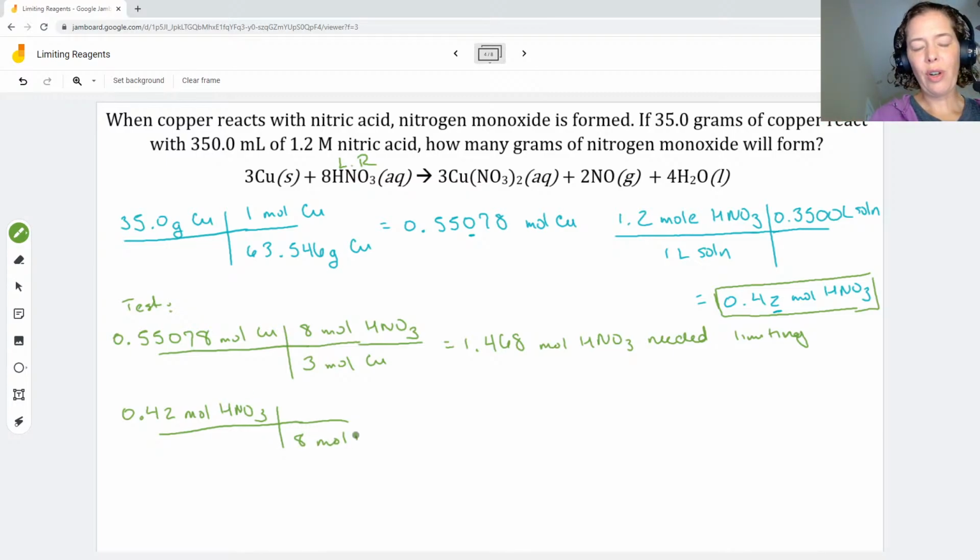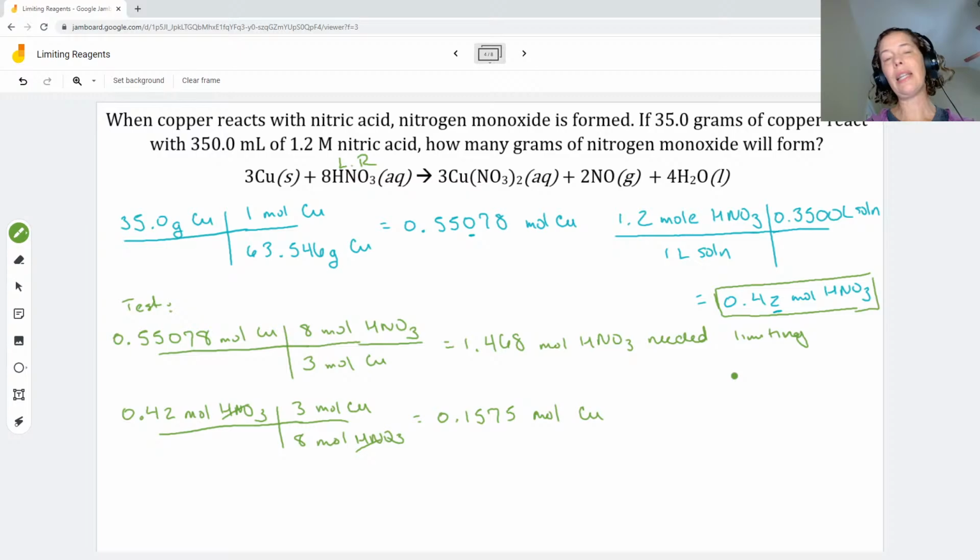Well, let's use our stoichiometric ratio. 3 moles of copper. Again, our nitric acid cancels, and this gives us 0.1575 moles of copper. So I need at least 0.15 moles of copper.